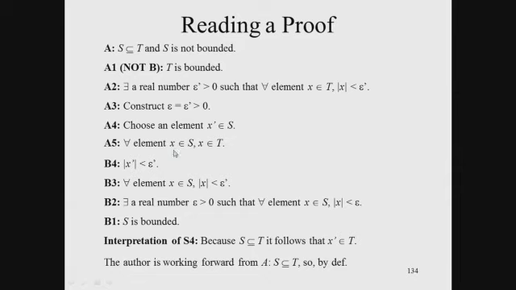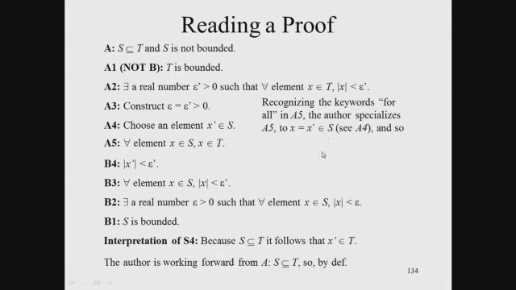In particular, you need to find one object with the certain property, one element x in the set S. Do you see a particular element x in the set S? X prime. We chose an element x prime in S. There is a particular object with a certain property. So we're going to specialize this A5 to one particular value of x.